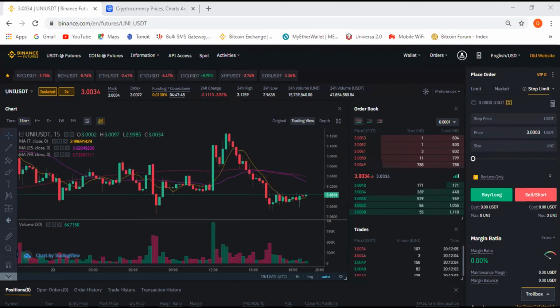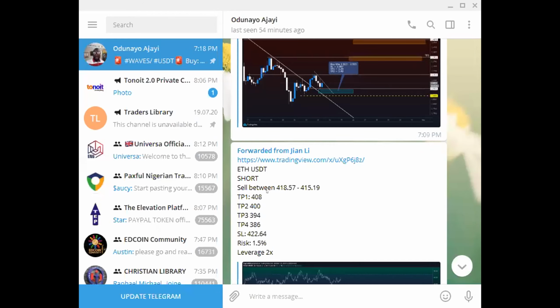So let's look at the Ethereum that was given early today. We were asked to sell Ethereum rather, between 418.57 and 415.19.